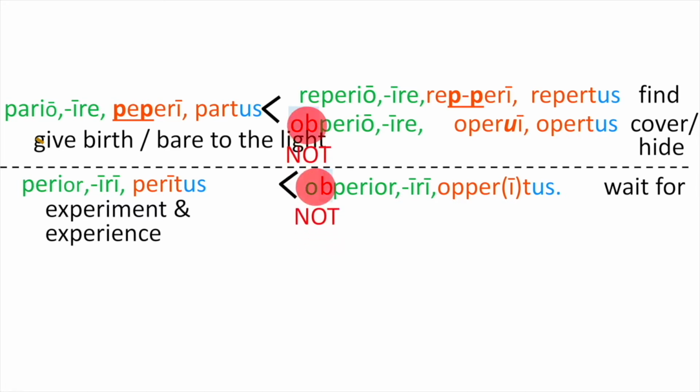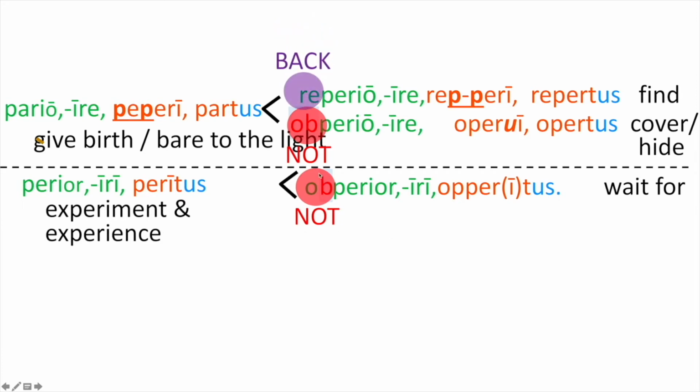So ob normally means in the way of or obstructing, but in this case it kind of means not. So if you're not bearing into the light, then you're doing what? Putting it back into the darkness, covering it, hiding it. Same down low. If you're not experimenting and experiencing yet, but you're just kind of standing in the way, looking to experiment and experience, then you're waiting. So that's where these two come from.